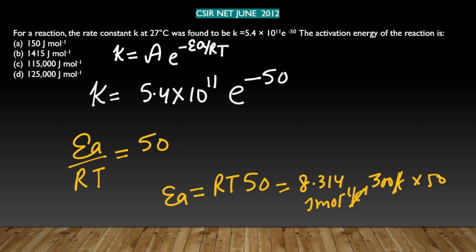So the per Kelvin will get cancelled out. Overall, the activation energy we will be getting in joules, which is 124710. So approximately, the closest answer is 125,000 joule per mole, sorry, joule per mole. Okay, so the correct answer is option B in this case.